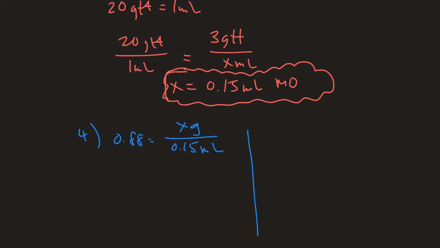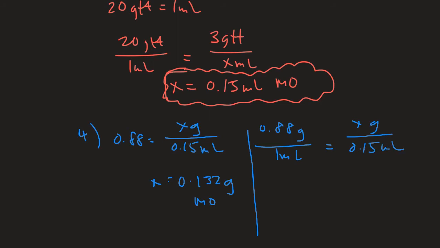Solving for x gives you 0.132 grams of mineral oil. Or the other way, 0.88 grams per 1 milliliter equals x grams over 0.15 milliliters. Solving for x also gives you 0.132 grams of mineral oil.